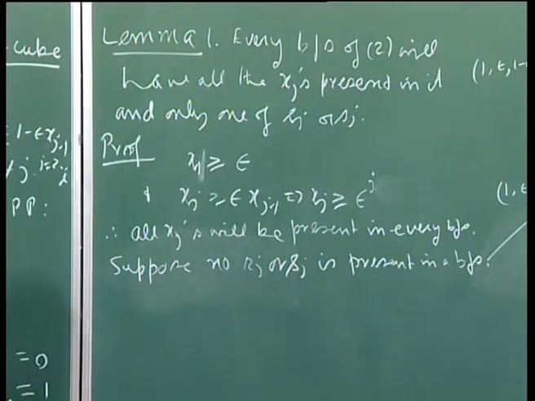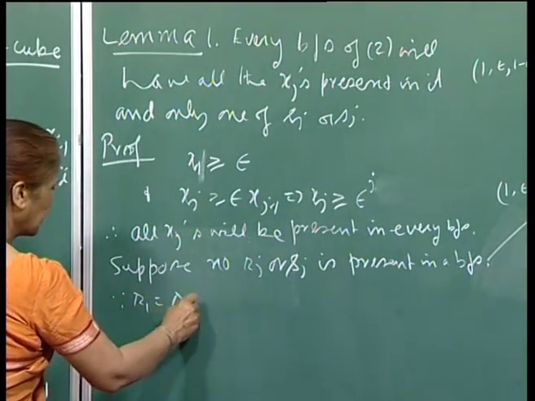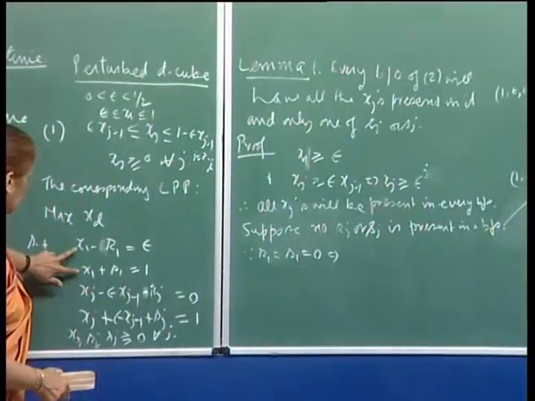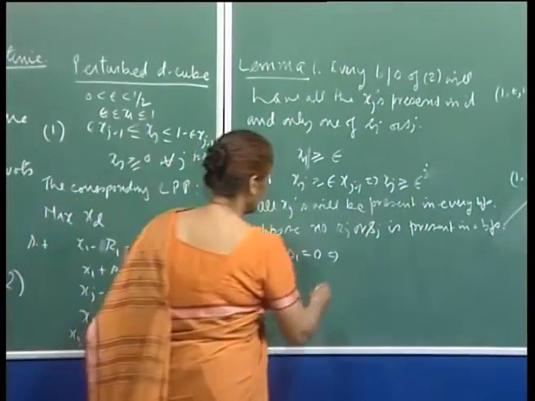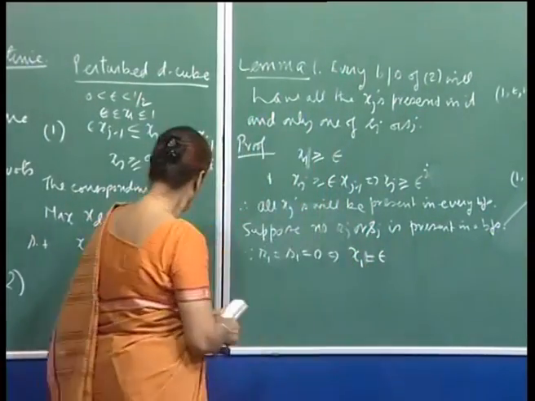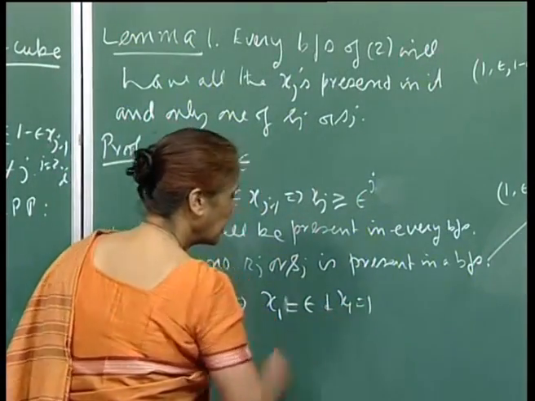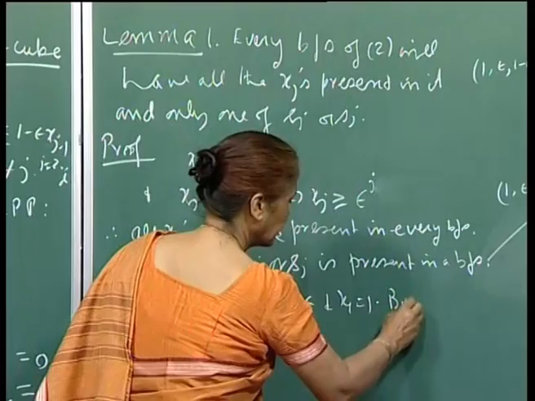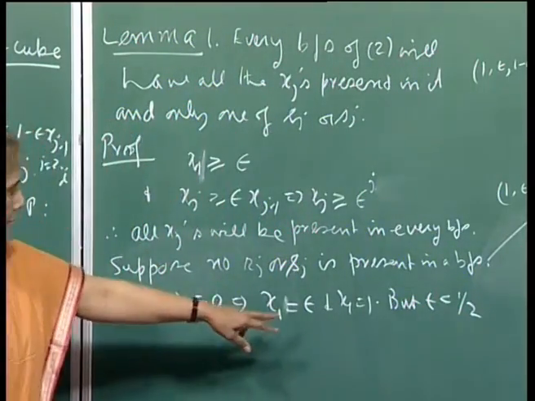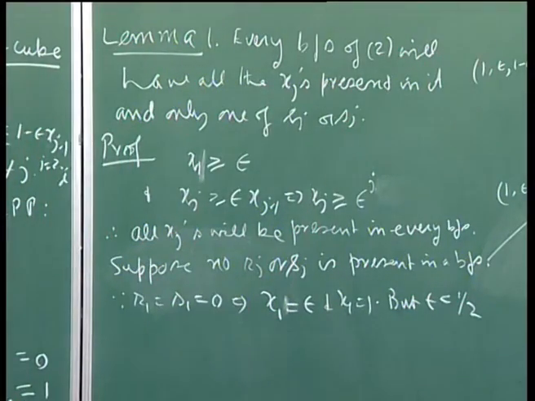So, start with, since R1 is equal to S1 is 0, this implies from the first 2 constraints that x1 is equal to epsilon, and x1 is equal to 1, but epsilon is less than half. Therefore, it is not possible, because epsilon cannot be equal to 1, but epsilon is less than half. So, this is not possible, right.